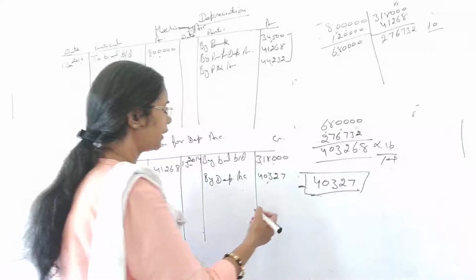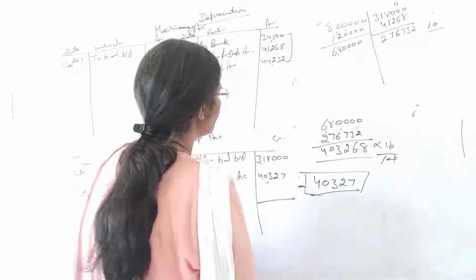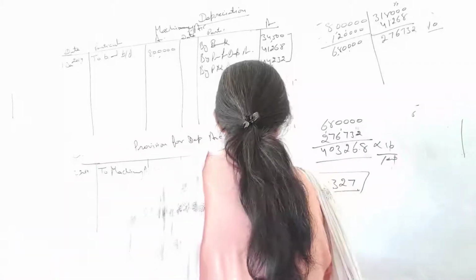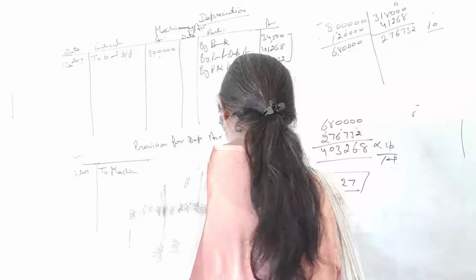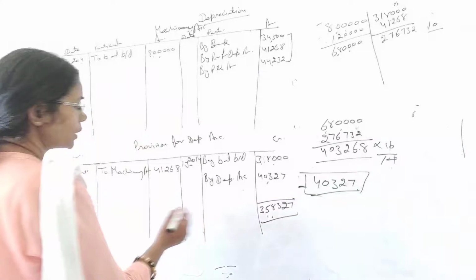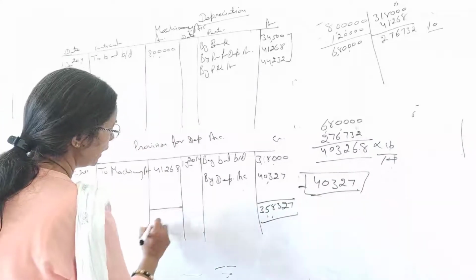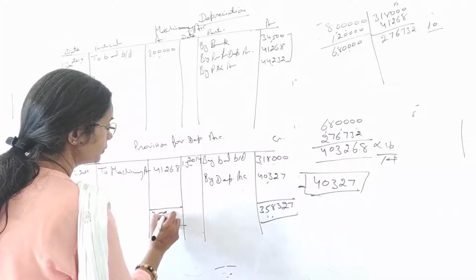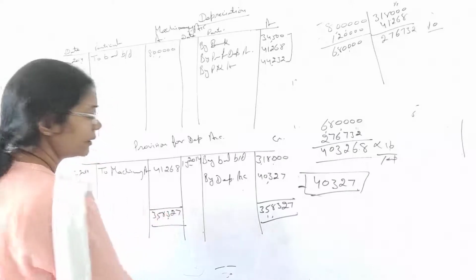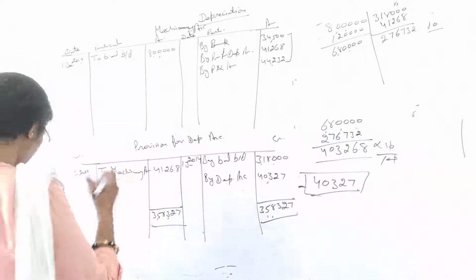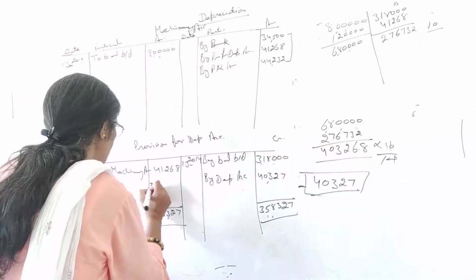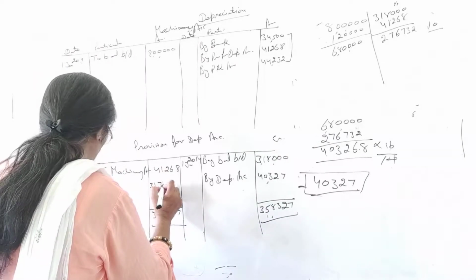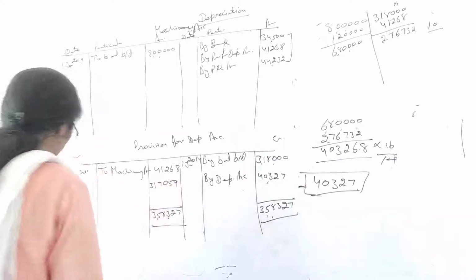So let's find out the balance of this account. The total is 3,58,327. Okay. And what is the balance? We just reduce this out of that. So this comes to 3,17,050.